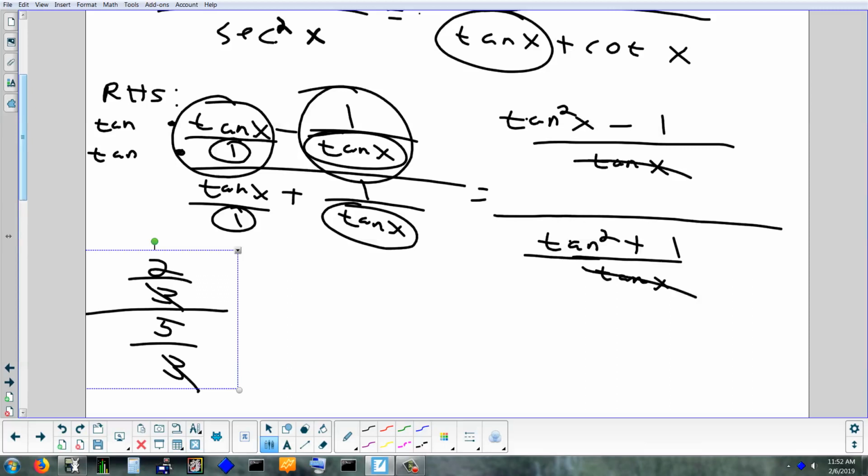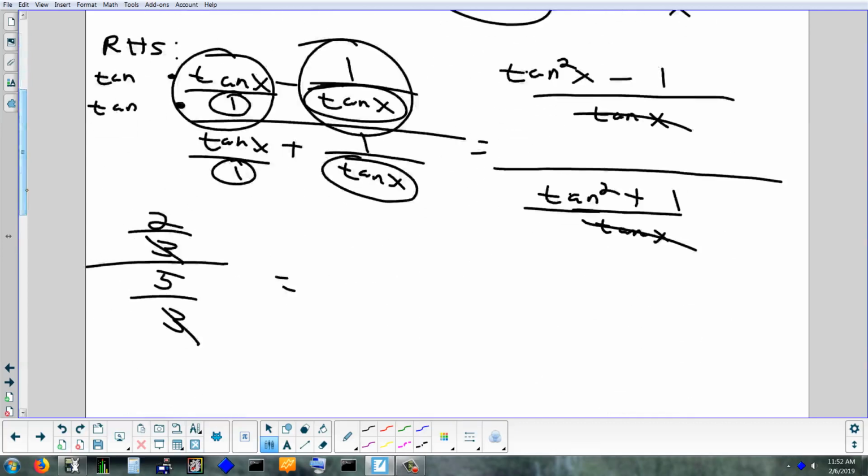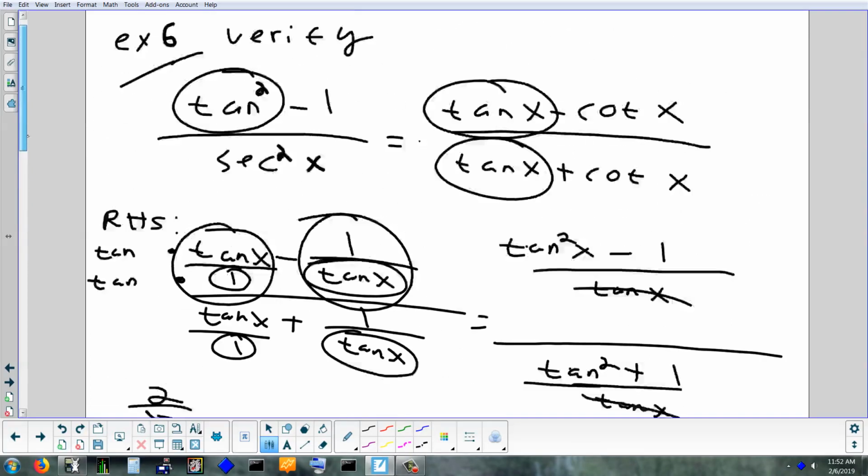Tangents are gone. So look at what you're left with now. In the top, you have tangent squared minus 1. That's exactly what you wanted. So the top is perfect. We don't want to do anything else to that. What's in the bottom right now? Tangent squared plus 1. Now, what did we want in the bottom?